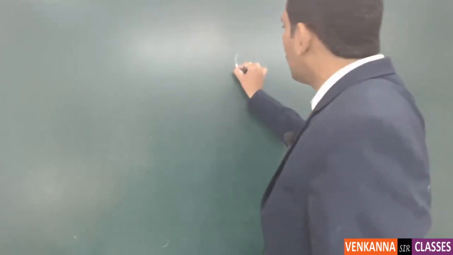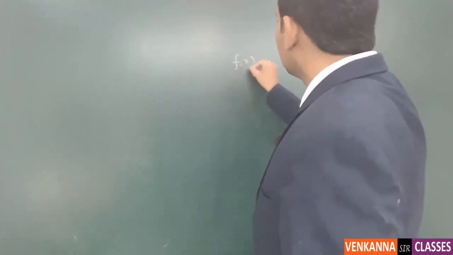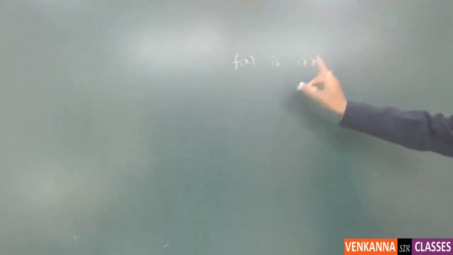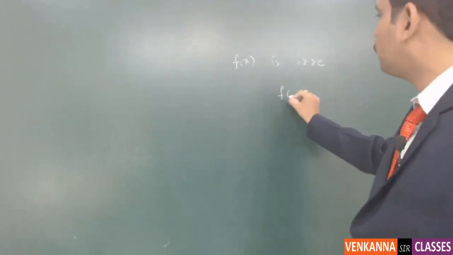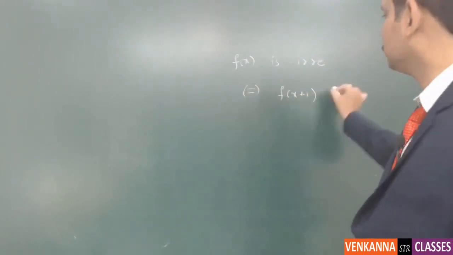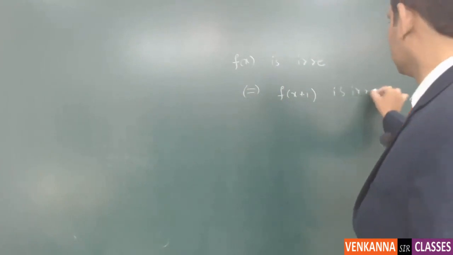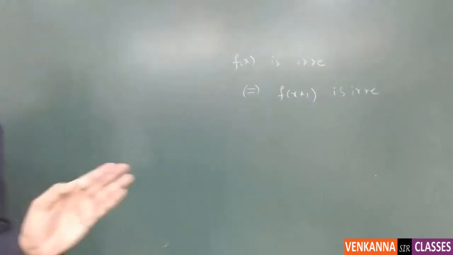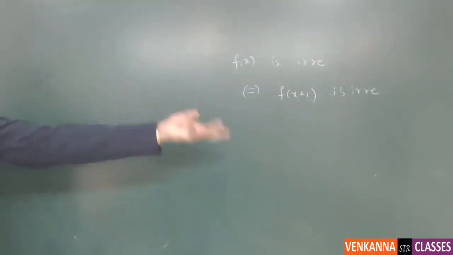So the result is, if you want to say f of x is irreducible, you can verify with f of x plus 1. That means in place of x, you replace with x plus 1.